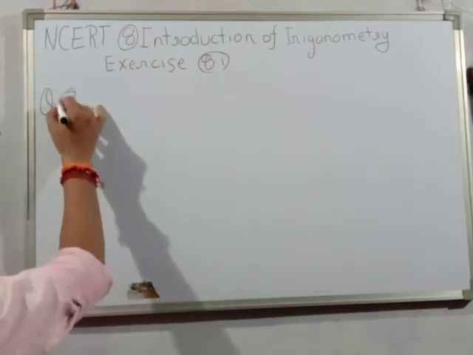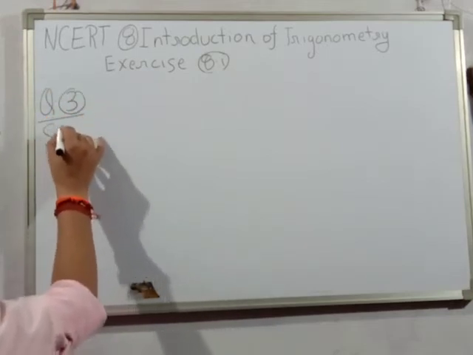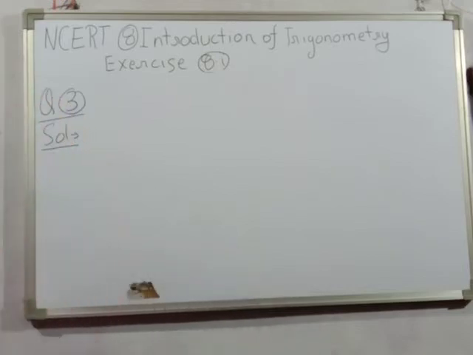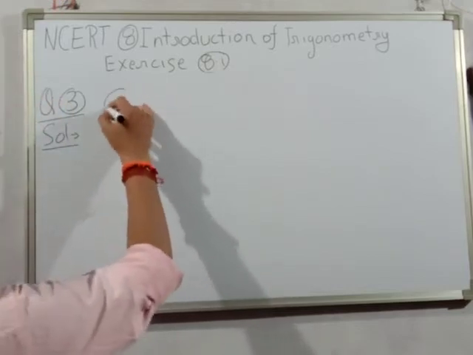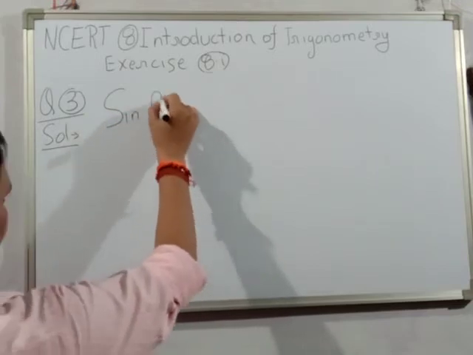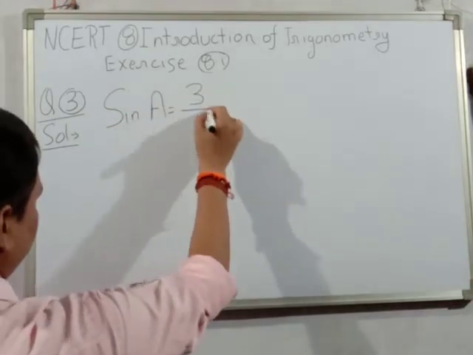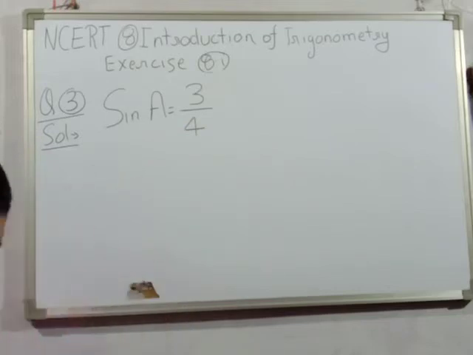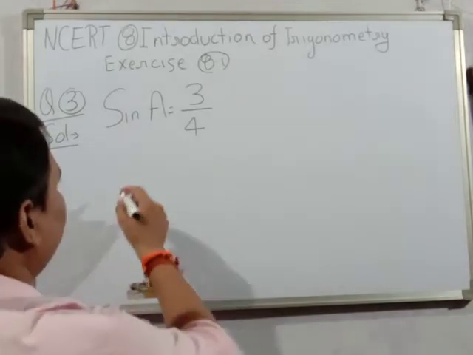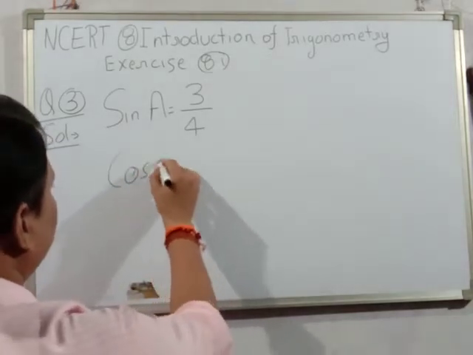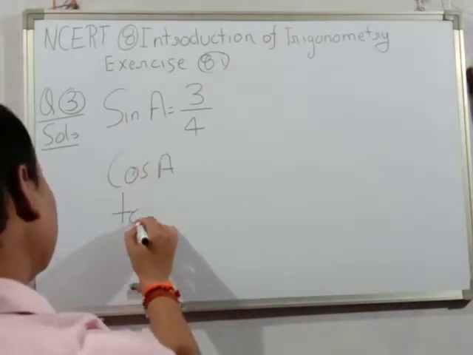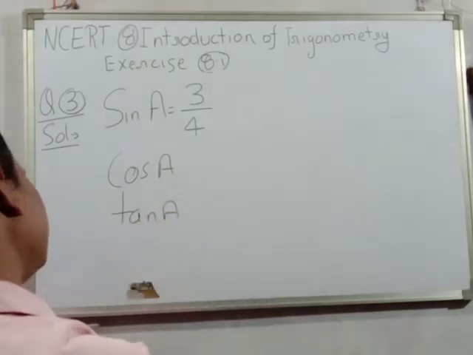What is given? Sin A is 3 by 4. Find cos A and tan A.